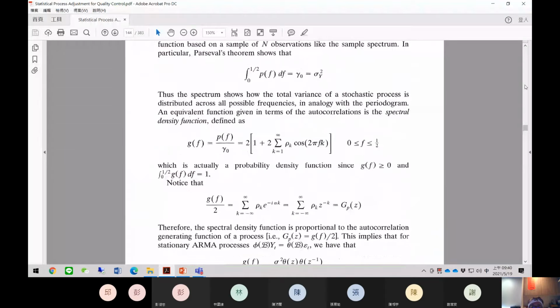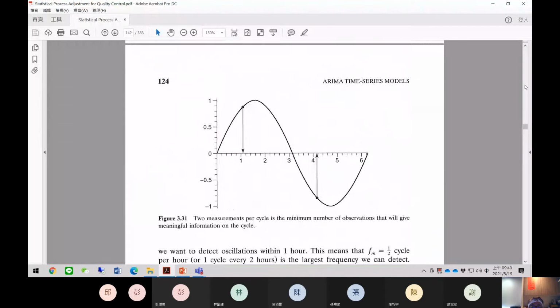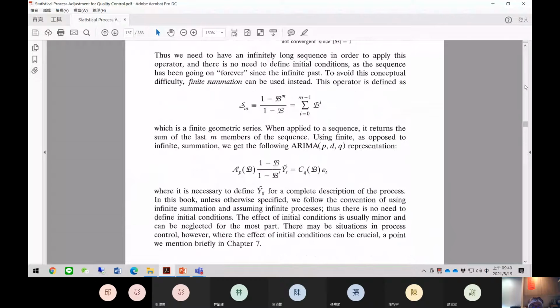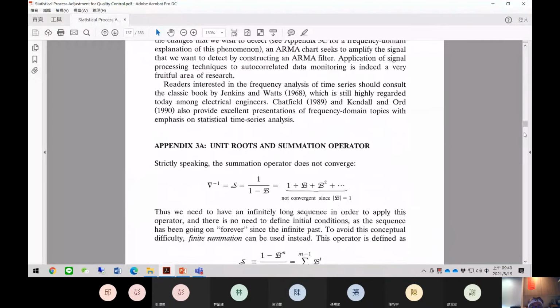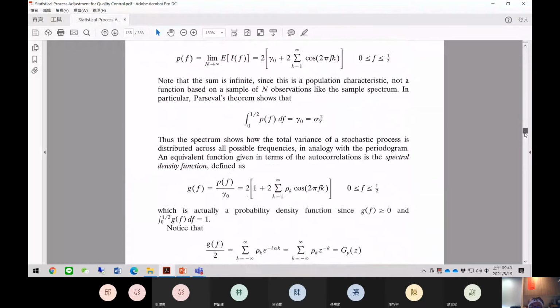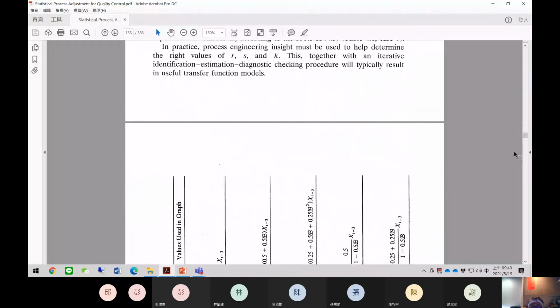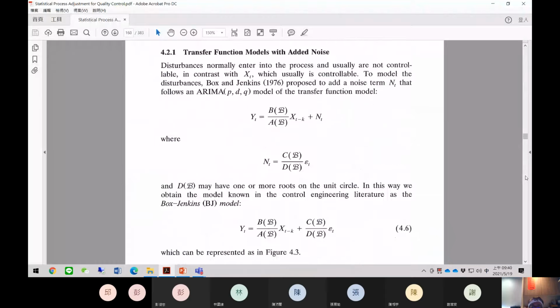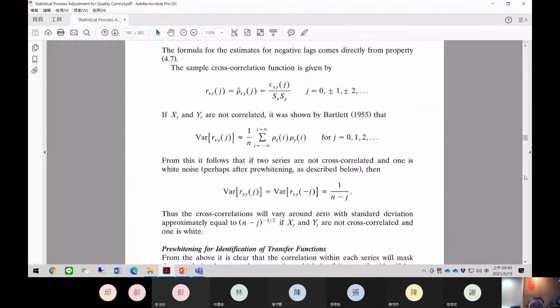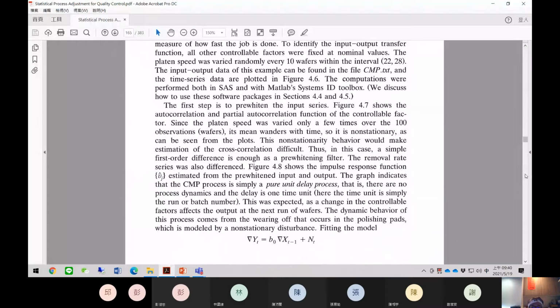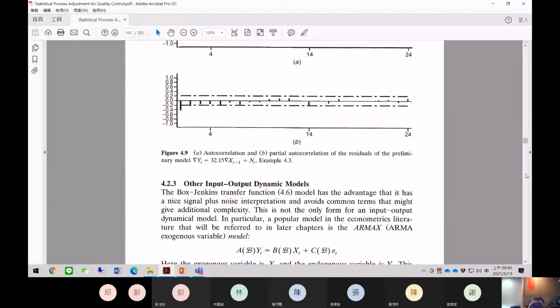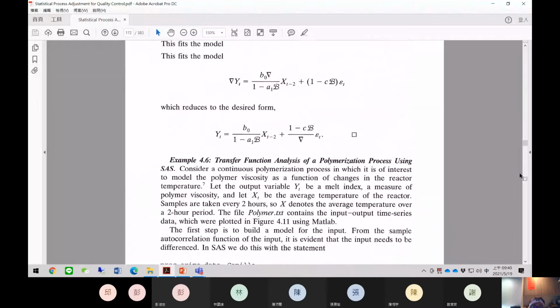I'm sorry. Yes, if I have time, I'm going to go back to the table in chapter 4. If time allows, I think this is important as well.